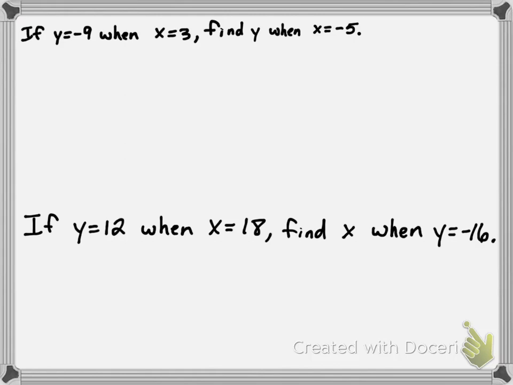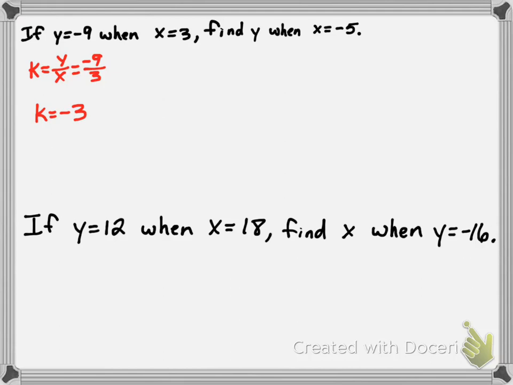Alright, so if I'm following my steps, step 1 was to find k. Well, now I know that k is just y over x. I can plug it in. y is -9, x is 3. So -9 over 3, k is -3. But that's not really what I'm looking for. It's just what I need for the next step.